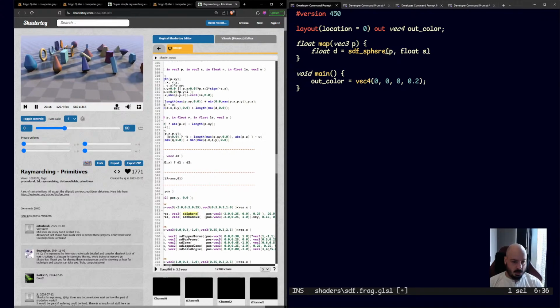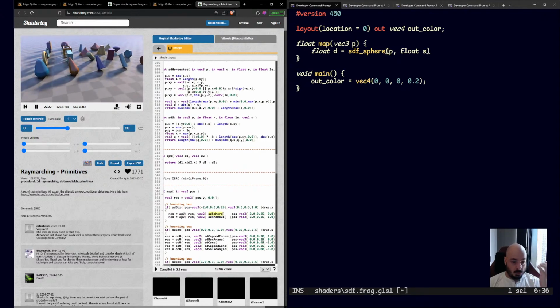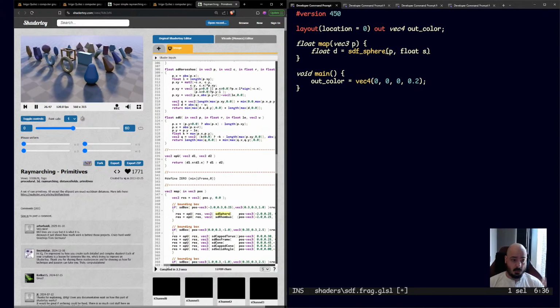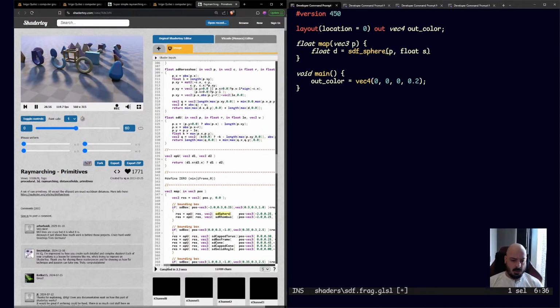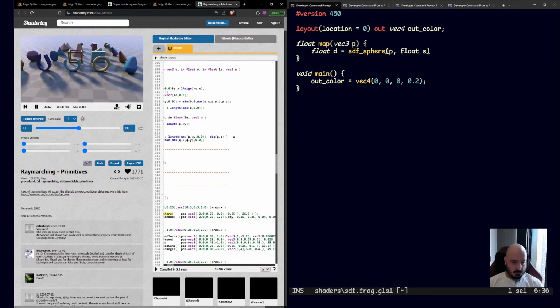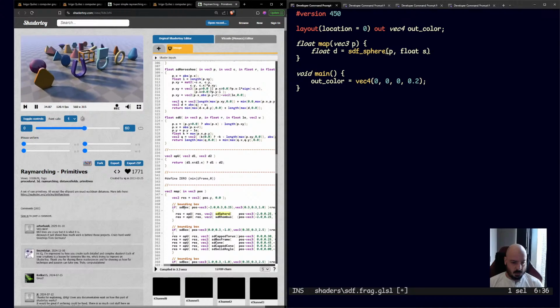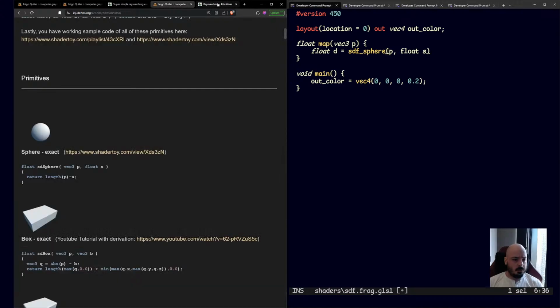Because you want to subtract the distance from your point to the sphere and then minus the radius so that you get a negative value on the inside of a sphere. Okay. I'm going to call it R.